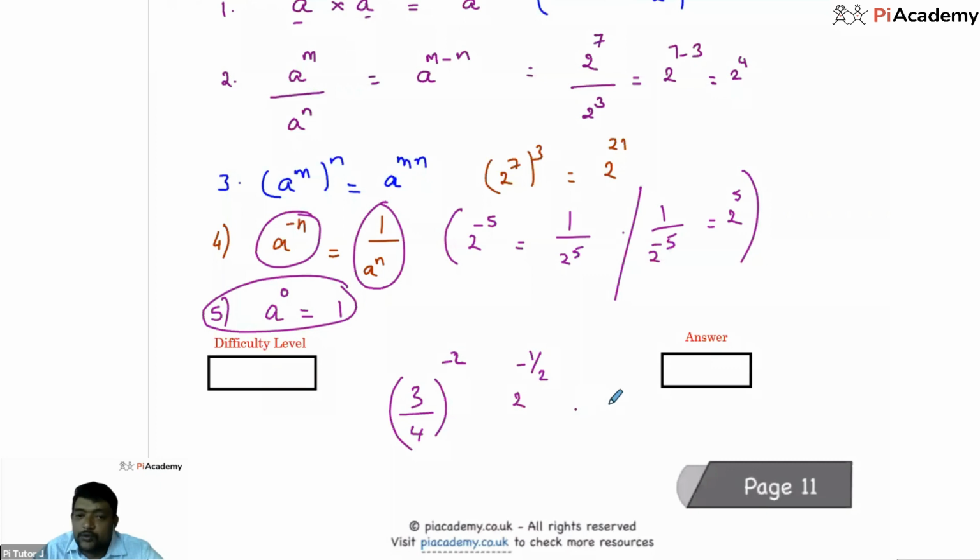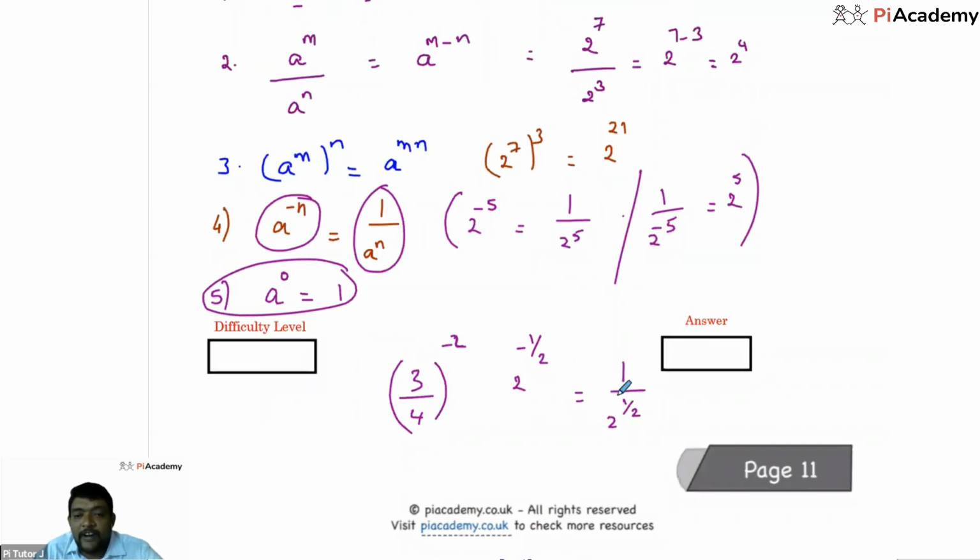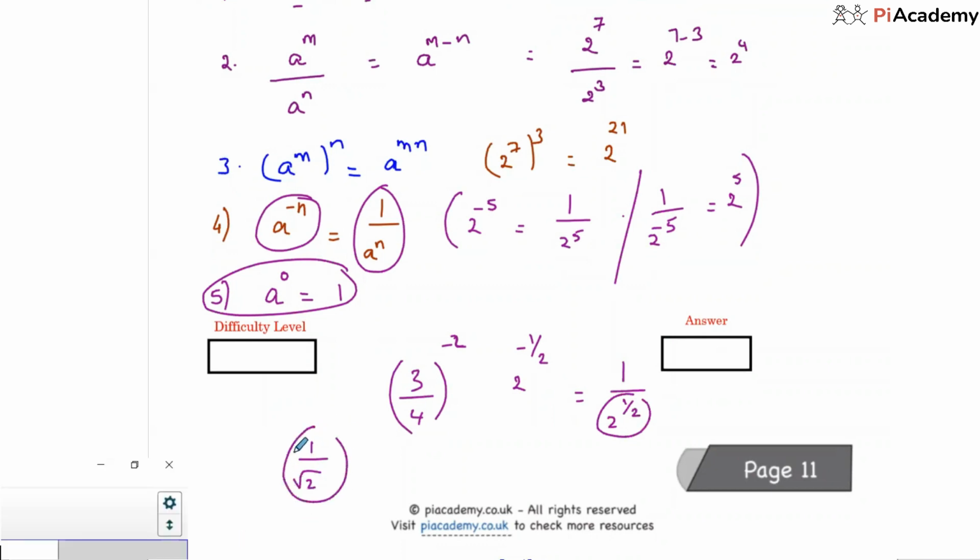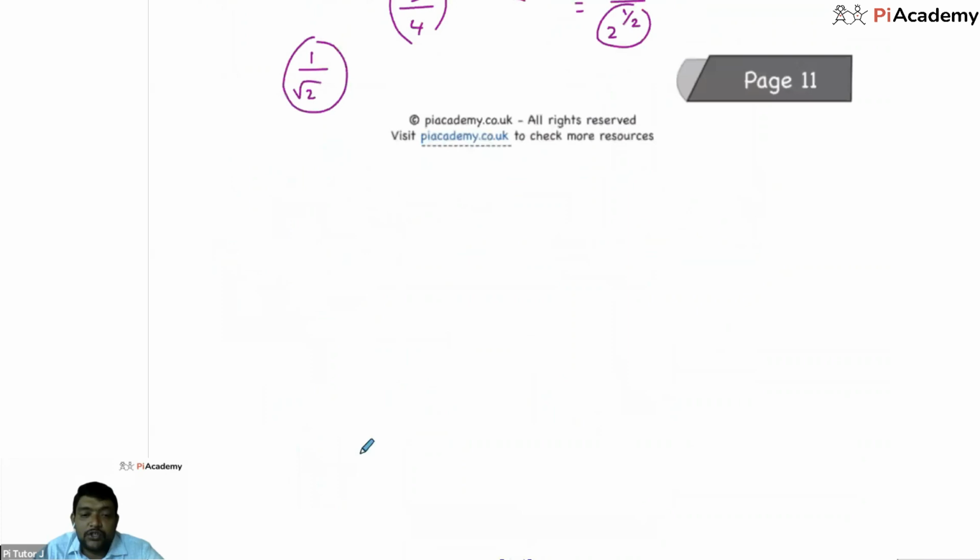So it is 1 over 2 to the power of half, which can be written as 1 over square root of 2, right? Yes. See, there is also one more law: nth root of a can be written as a to the power of 1/n. Now let me explain this law.